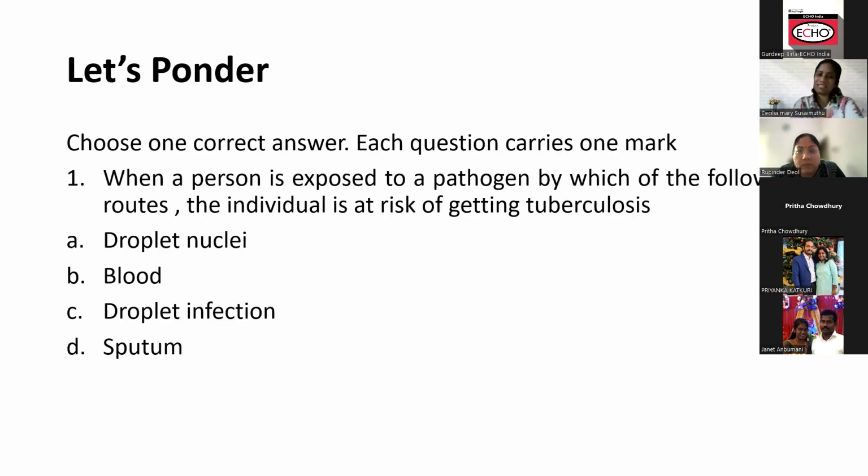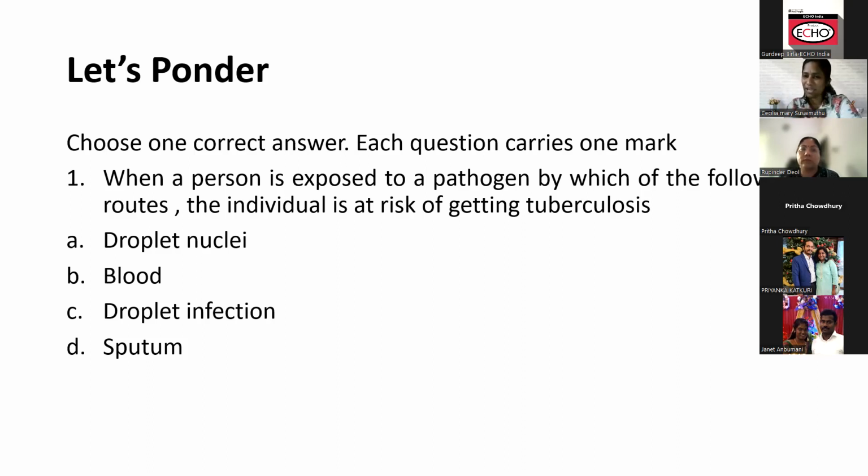Here, both the stem and the options are not correct. "When a person is exposed to a pathogen, by which of the following routes" is not ideal. "Mode of transmission of tuberculosis" might be an ideal question rather than so much explanation.